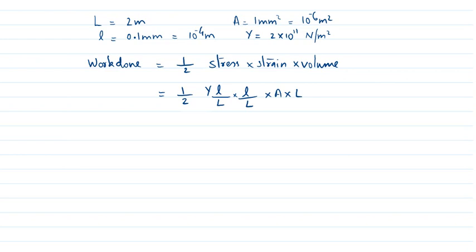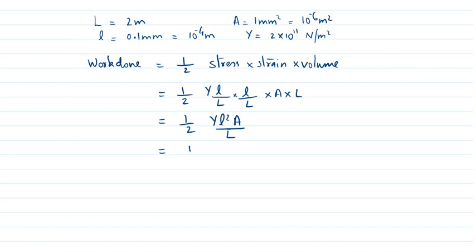So from this equation you can write half, one L will be cancelled out, so Y l square A divided by capital L. This is the equation, and substitute these values here.